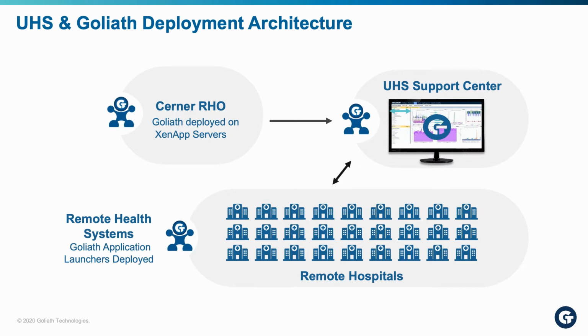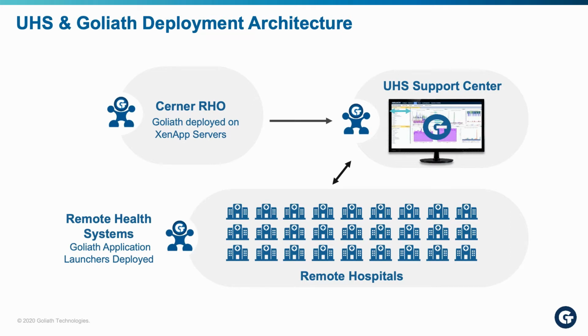And from those locations, that lightweight technology is essentially logging on and launching Cerner applications, making sure that those applications are up and running on a 24/7 basis, testing the Cerner applications, and of course reporting back to the central Goliath console in their data center.